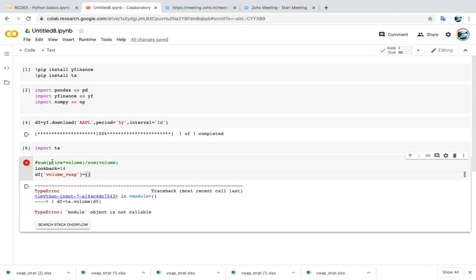So what we have to do? We will take the price, that is DF. I'm a little slow in typing, so please be with me. So I have multiplied price and volume.